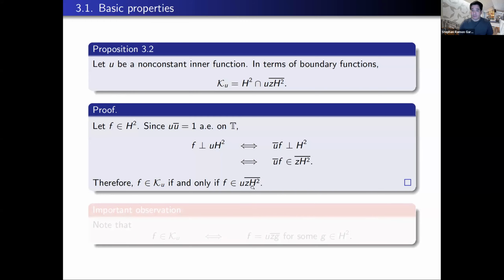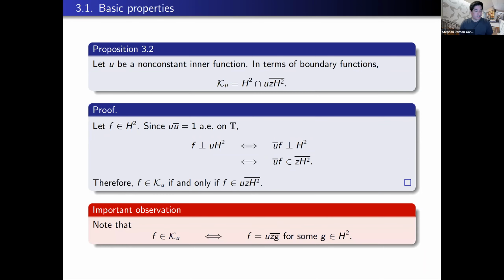if and only if F happens to belong to, well, what am I doing here? I'm multiplying both sides of this expression by U. So I get if and only if F is an element of U times ZH2 bar. So it's kind of an interesting thing. We've got a characterization in terms of boundary functions, thinking in terms of L2.